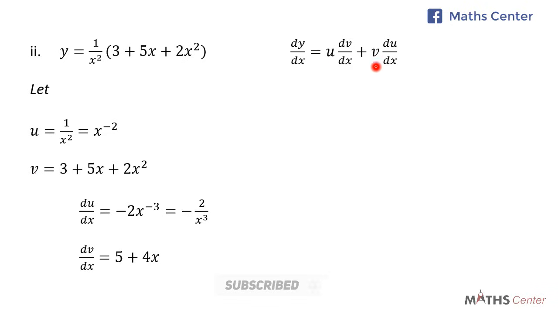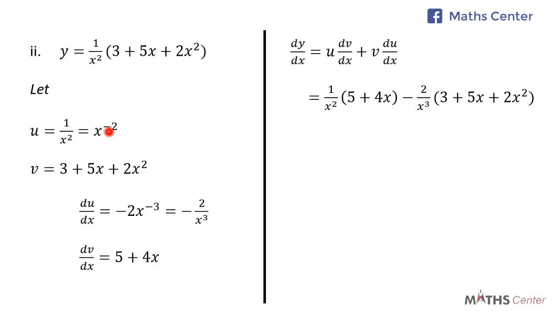Now we can substitute that here. dy dx is equal to u, which is x exponent negative 2, or 1 divided by x squared. So we have 1 divided by x squared into bracket dv dx, which is 5 plus 4x. Then minus v, which is 3 plus 5x plus 2x squared, times du dx. du dx is negative 2 into bracket x cubed.